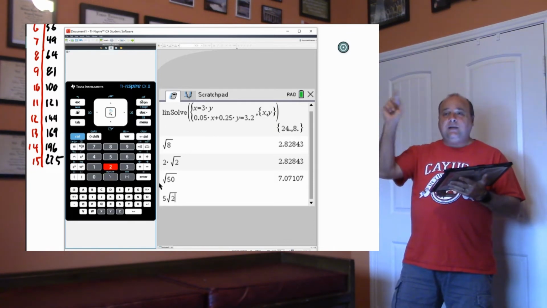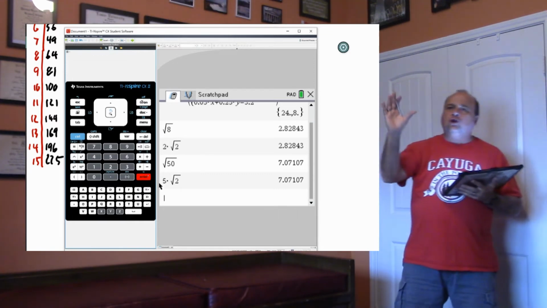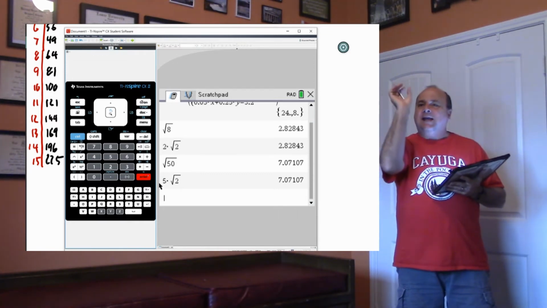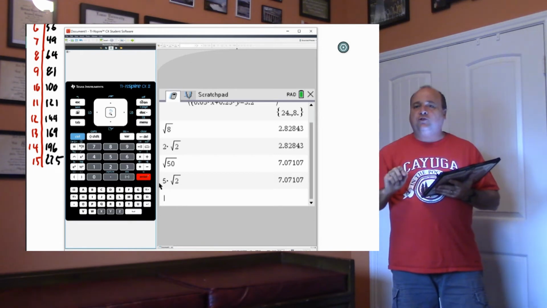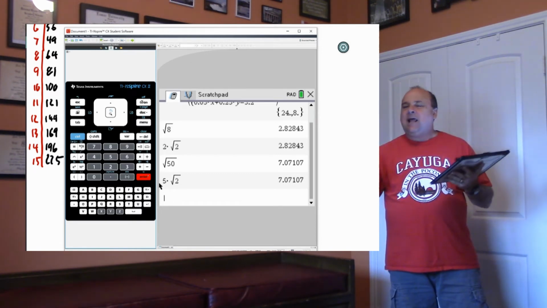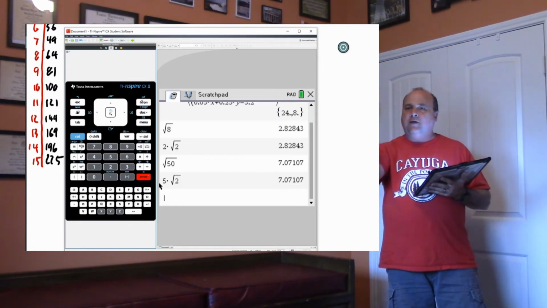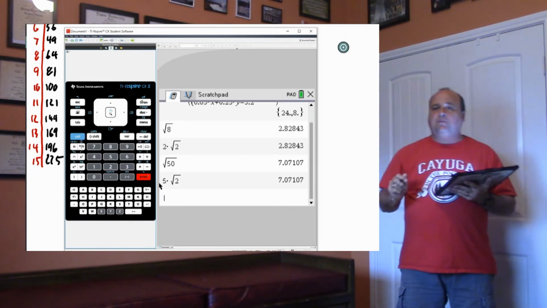I should get the same exact answer, shouldn't I? Shazam. So all you're trying to do with these square root problems is get the number inside the square root symbol, the radical, as small as possible, okay? Kind of like simplifying a fraction, except you don't have a fraction. Trying to get that radical, the number inside the square root, as small as possible.